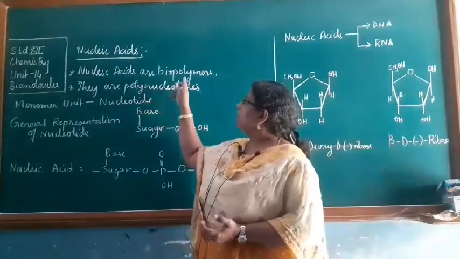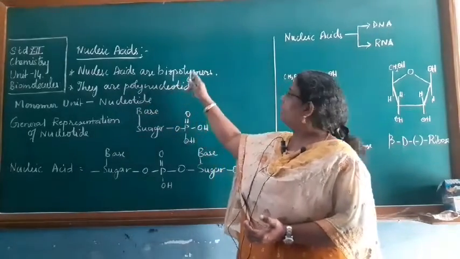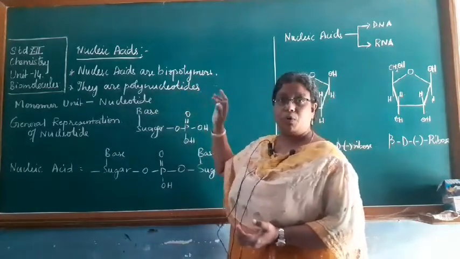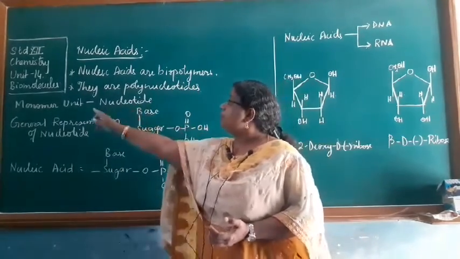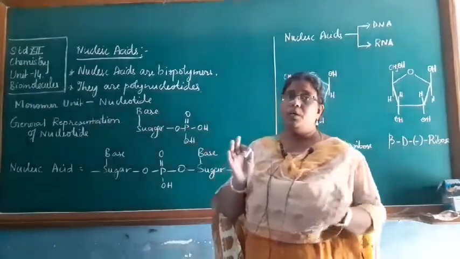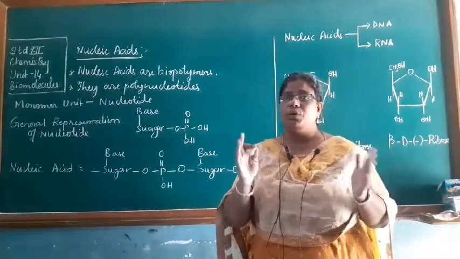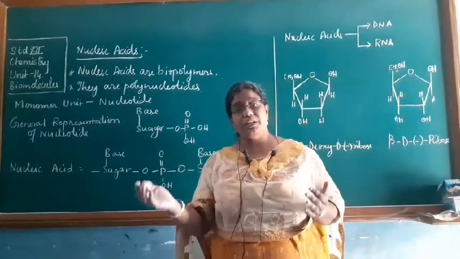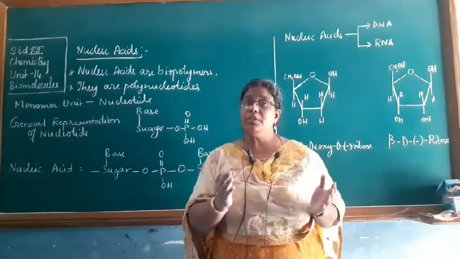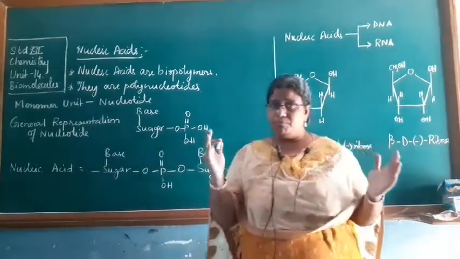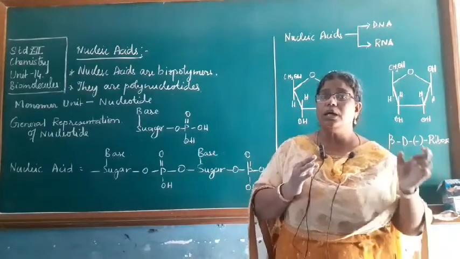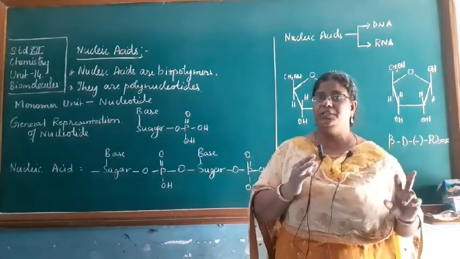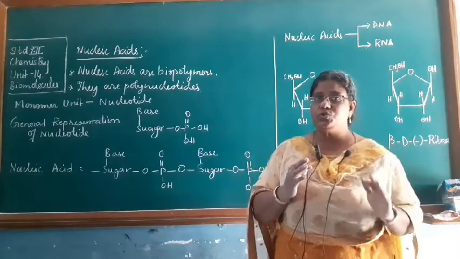So this biopolymer is called a polynucleotide. Polynucleotides are made up of the monomer unit nucleotide. What is a polymer? For example, polythene is a polymer. Polythene is a big molecule made from smaller molecules like ethene, which is CH2.